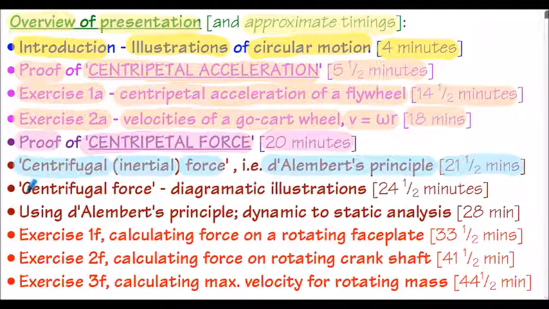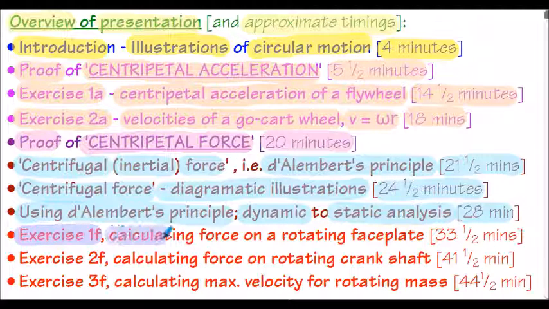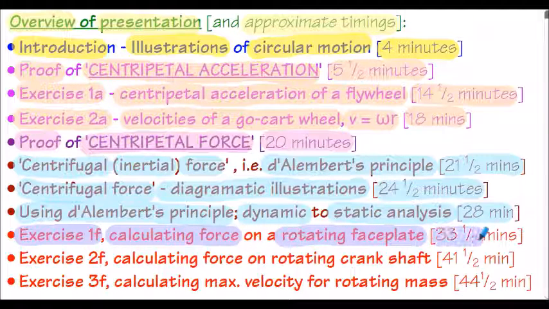Some centrifugal force diagrammatic illustrations are shown for reference, 24.5 minutes into the presentation, and also an overview of how using D'Alembert's principle allows a dynamic situation to be analysed as a static situation. That's 28 minutes in. The presentation concludes with 3 exercises. Exercise 1F calculates the force associated with a rotating faceplate on a lathe, 33.5 minutes in.